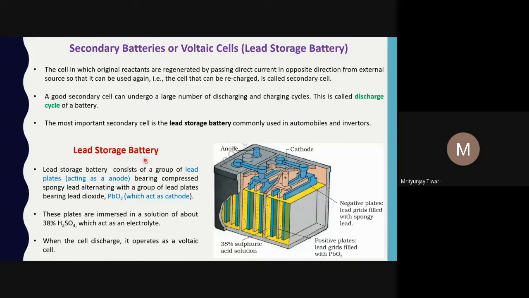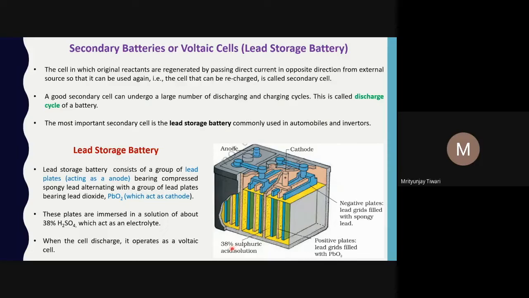The lead storage battery, if you can see here the figure, the structure of the lead storage battery. Here the lead plates are used as anode, and lead oxide is used as cathode, and 38% sulfuric acid is used as electrolyte.